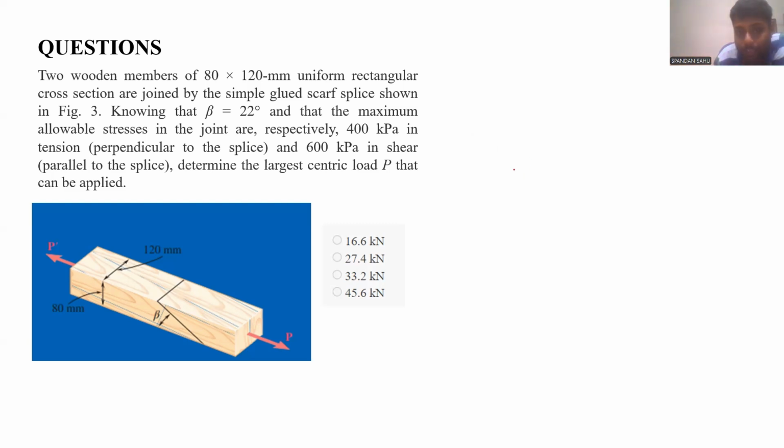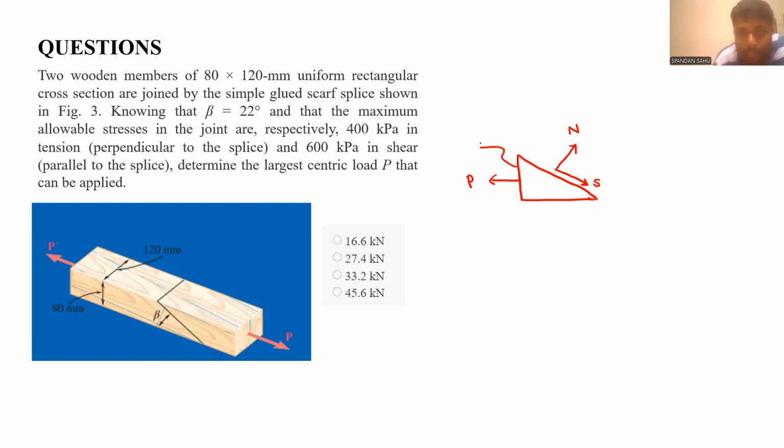So here I am drawing this part, taking it out and drawing this part. Just see. This is P. Now here one is normal and one is shear.